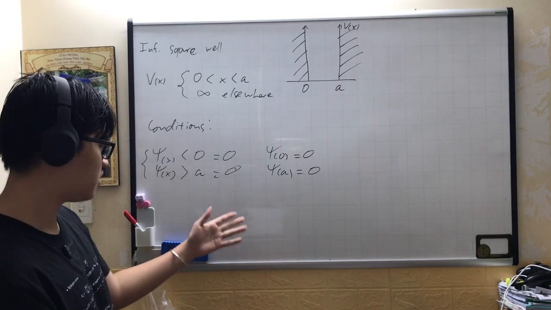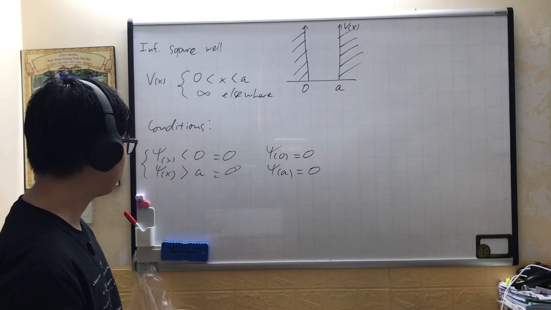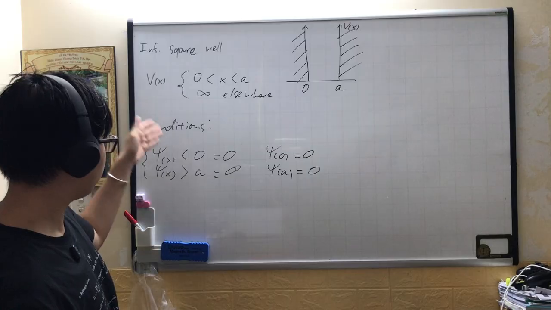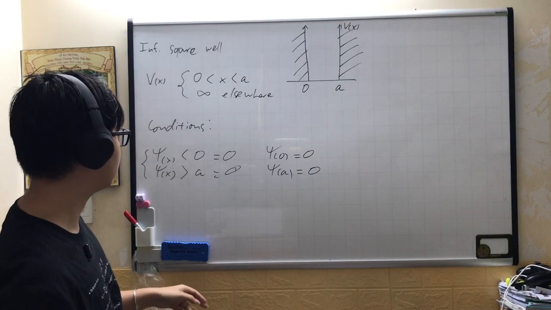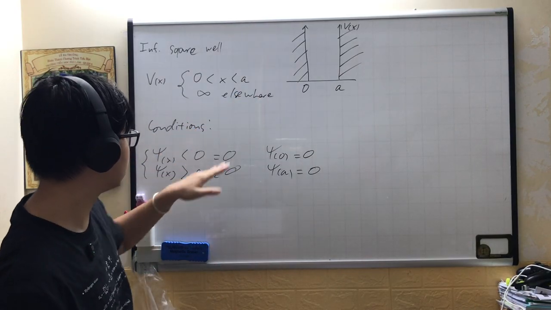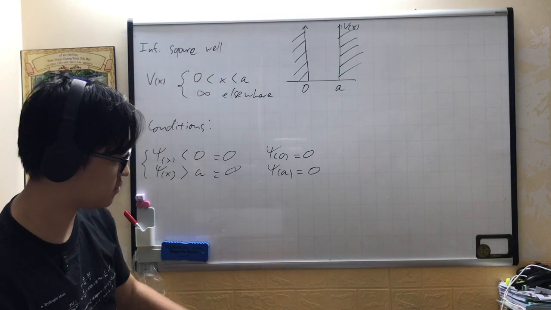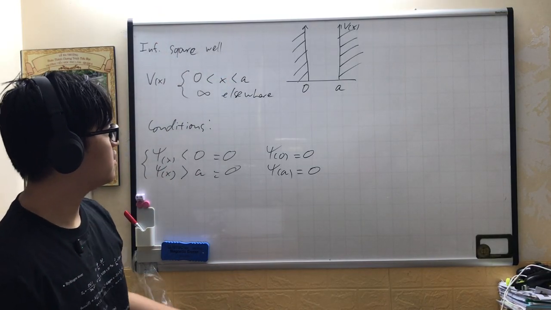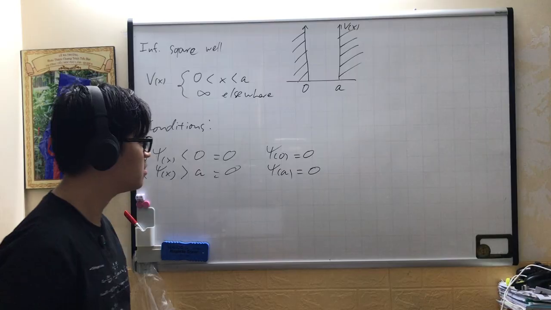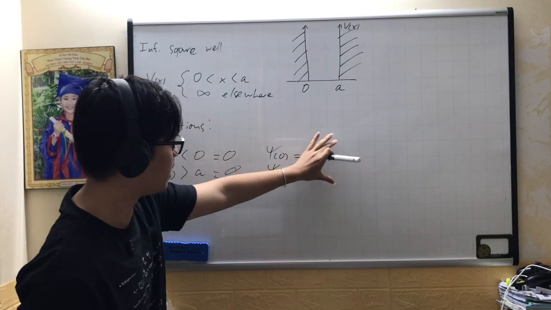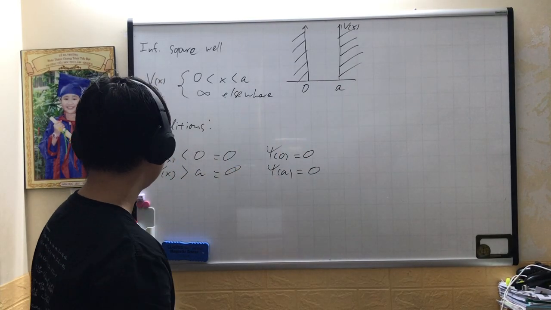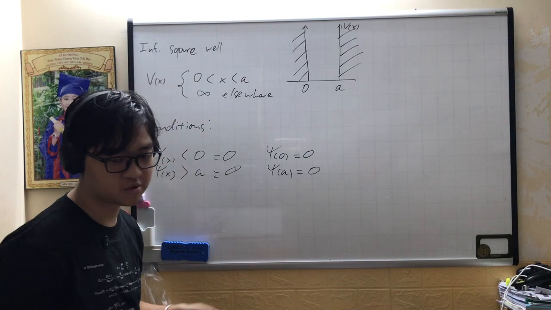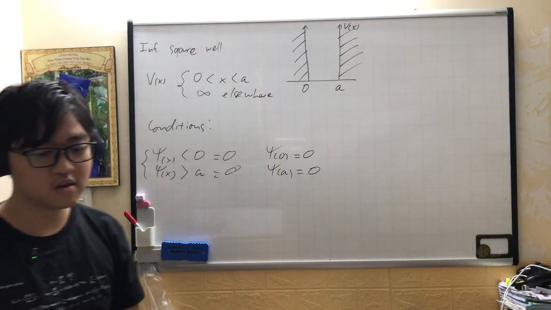This satisfies both conditions: the infinite potential pushes it down immediately, and it has to be continuous. This is just common sense when you look at the picture here.